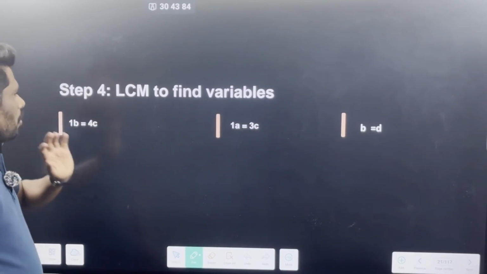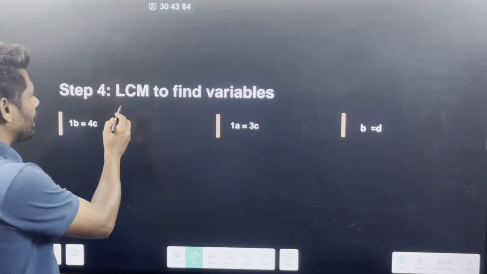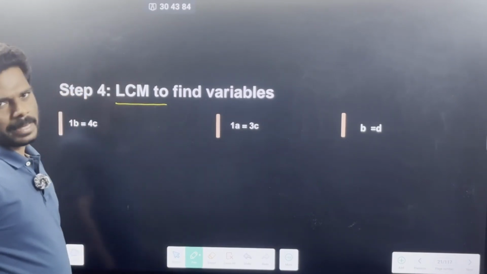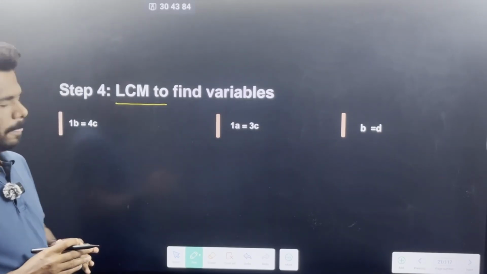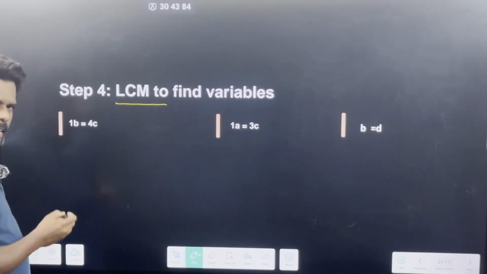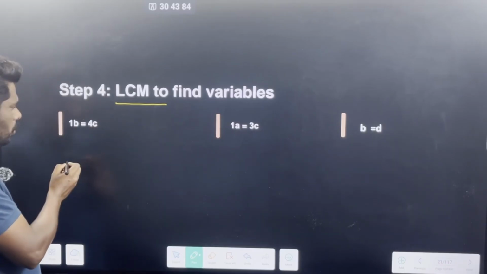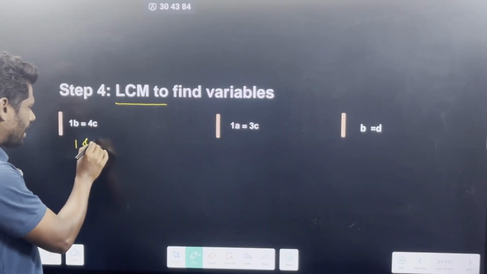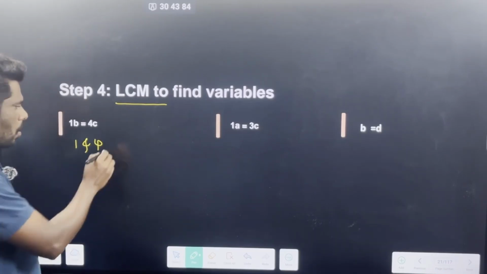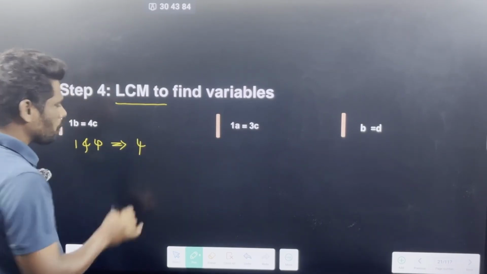Finding the values of these variables using the LCM method. This is a simple method and this is crucial. In this algebraic equation, 1B is equal to 4C. So we have two numbers here, that is 1 and 4. What is the LCM of 1 and 4? 4, we know very well.